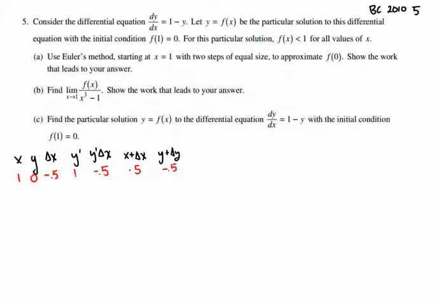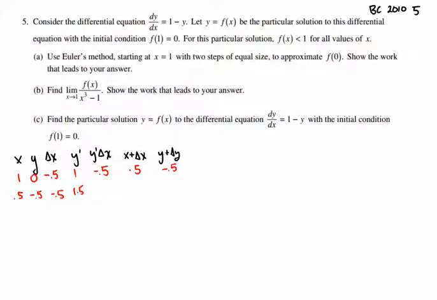So we're ready to go again with our new x being 0.5, our new y being negative 0.5, delta x still negative 0.5, and our y prime is 1 minus y, so that would be 1 minus negative 0.5, which would be positive 1.5.